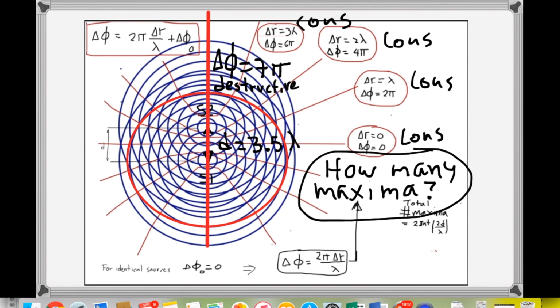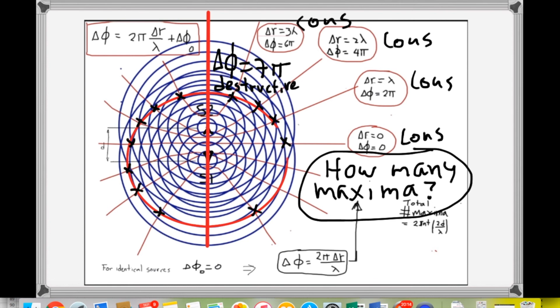That's the first maxima, we start counting with that one. That's 1, 2, 3, 4, 5, 6, 7, 8, 9, 10, 11, 12, 13, 14. 14 is the total.